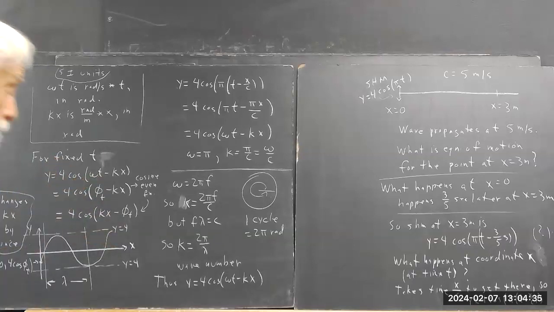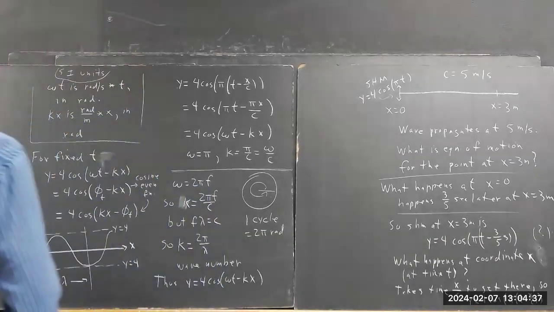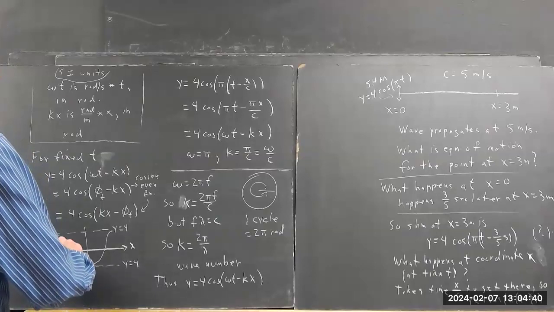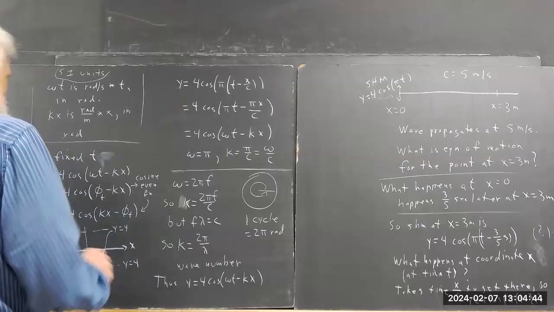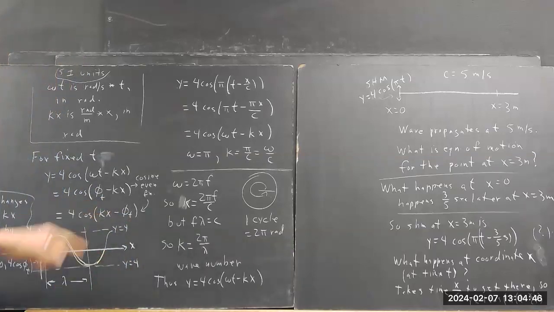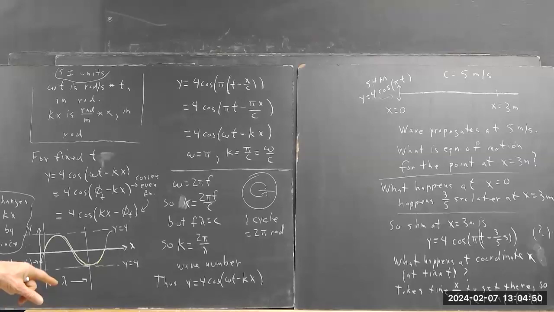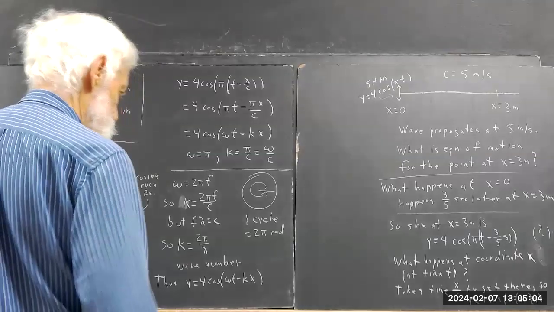There's a complete cycle of the cosine function. One cycle, which occurs when x changes. Since k equals 2 pi over lambda, kx will change by 2 pi.